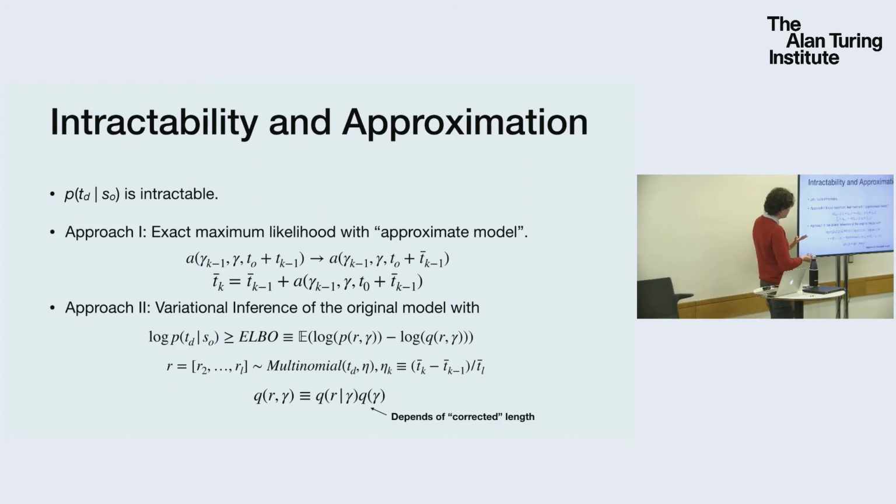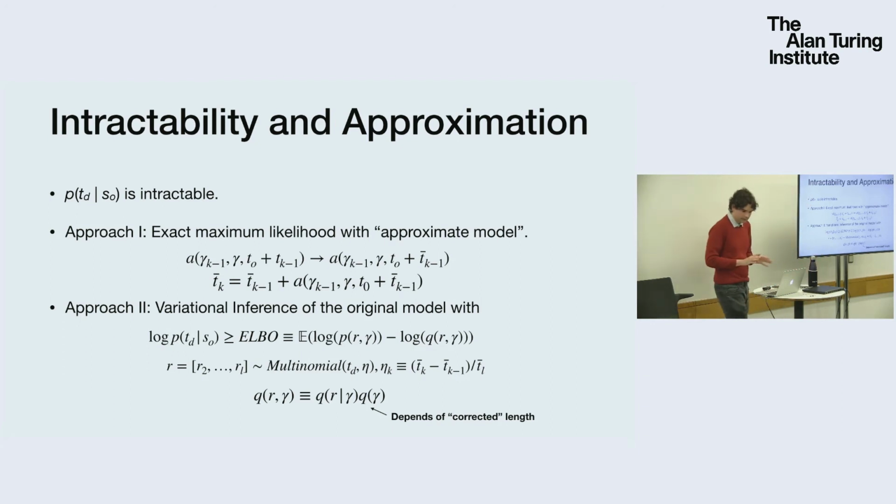So a second approach is to not change the model, keep it as it was before, by using an approximation for the likelihood function. Here's something called a variational approximation, which I'm not going to get into in detail, but basically it assumes that when you're doing the computation, you work with the original model, but approximate it with what would be the closest simple model of independent delays that reproduces the exact model that you started with.